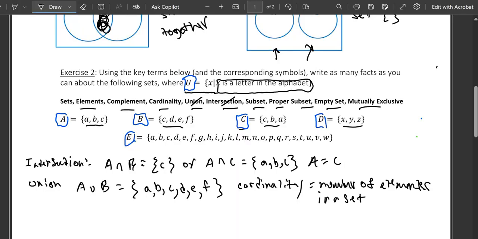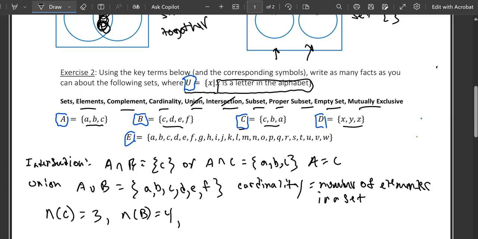So if I said n(C), so that's set C, correct? That's your cardinality. It's 3. The number of elements in set C is 3. Or I could say the number of elements in B, which is 4.